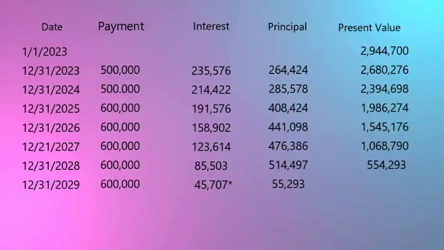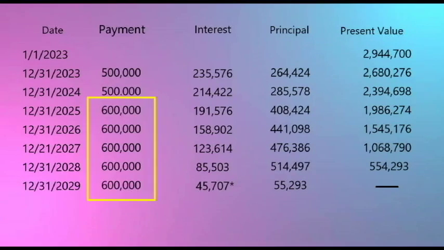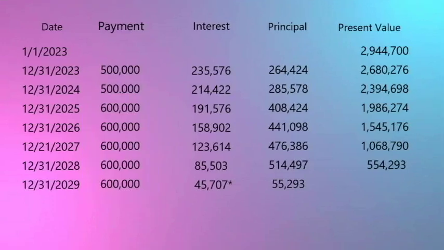So, yung remeasurement is mangyayari talaga dapat siya noong December 31, 2025. So, makikita sa table na yung payment is nagbago kasi nga dahil sa remeasurement. So, ang pag-compute lang ng interest, principal at present value ay kagaya ng sinabi ko kanina.